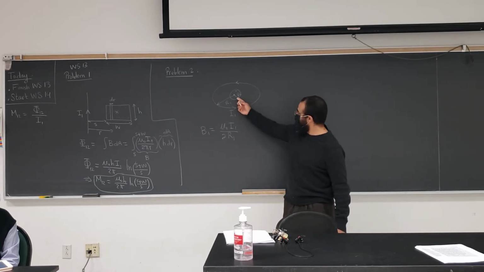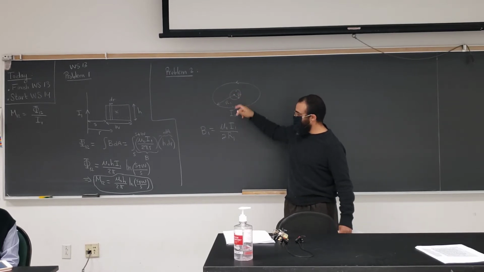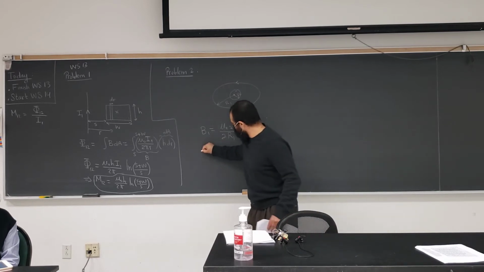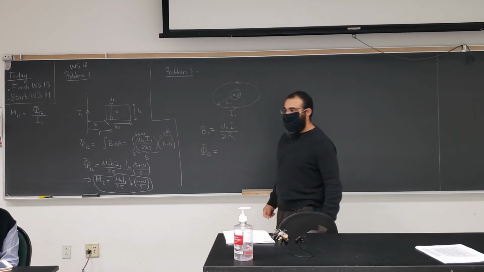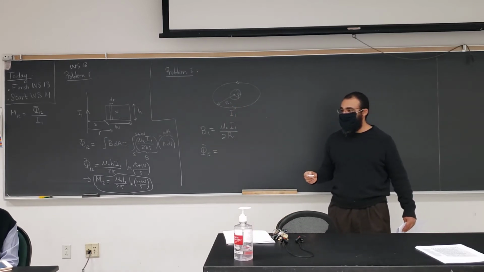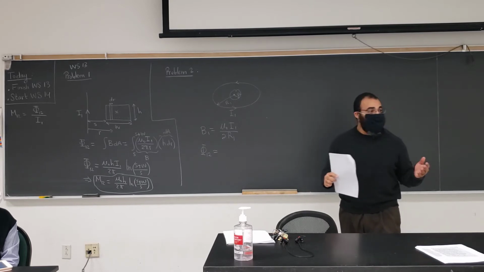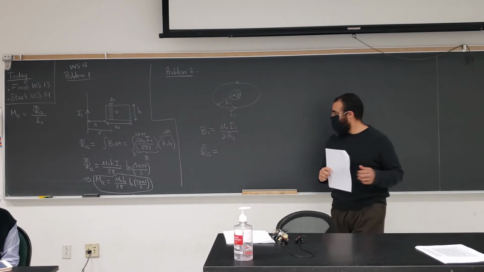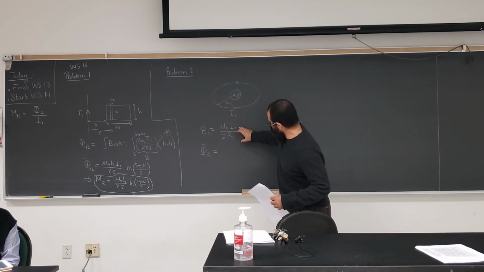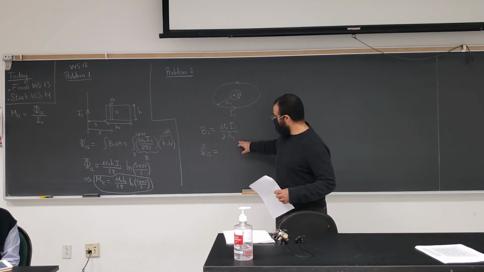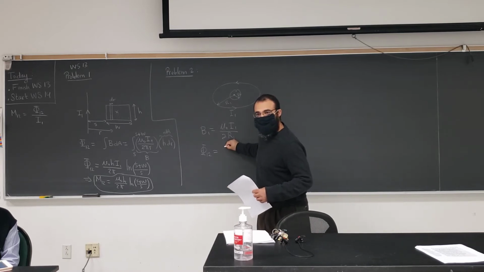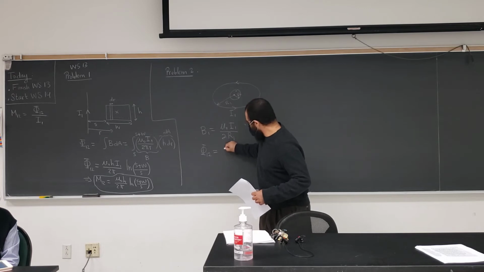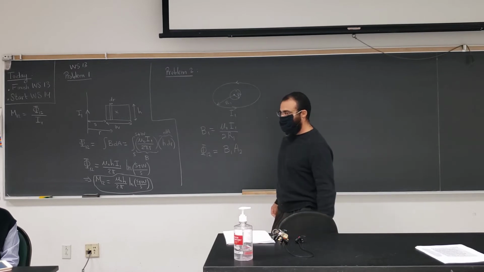If it's constant throughout the area of ring 2, what's the flux through ring 2 due to ring 1? The flux is the magnetic field times the area of ring 2, because it's going through ring 2.